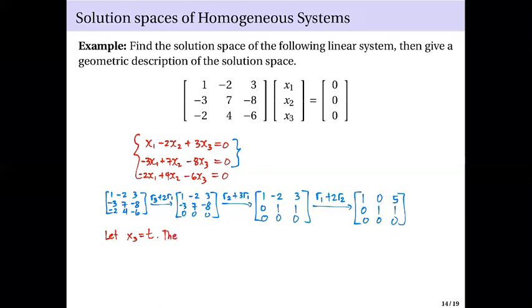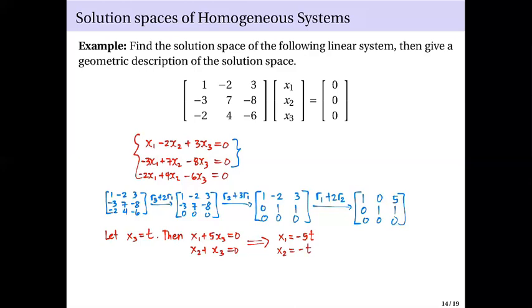Then x1 plus 5x3 equals 0, x2 plus x3 equals 0, which implies that x1 equals negative 5x3, but we label that as t, so x1 is negative 5t, and x2 will be negative t.